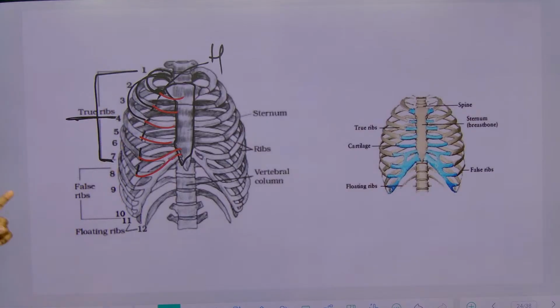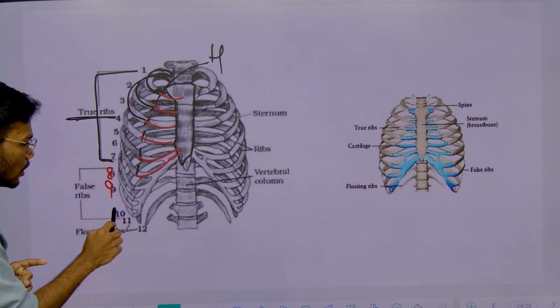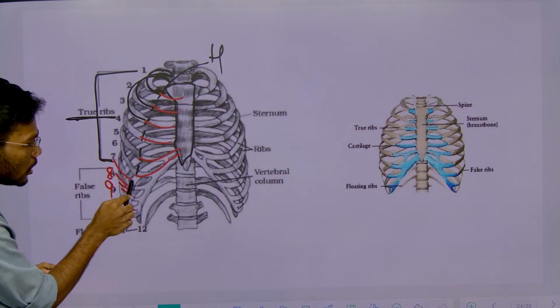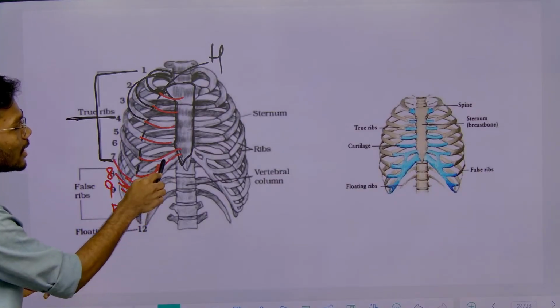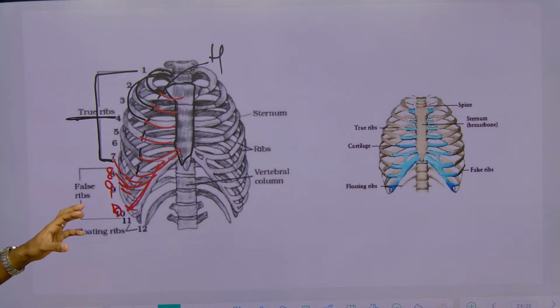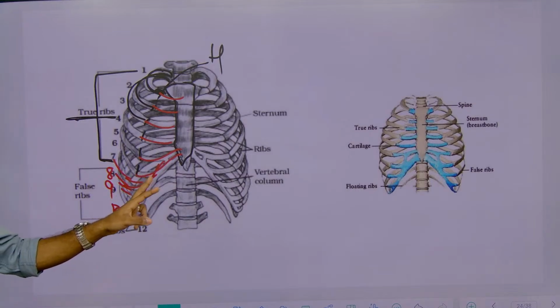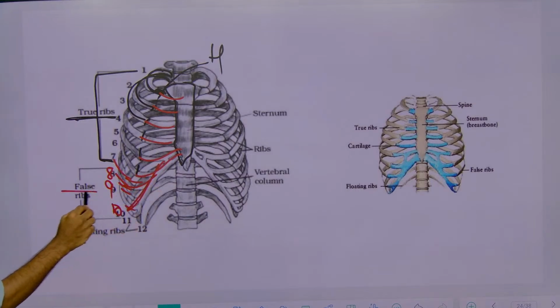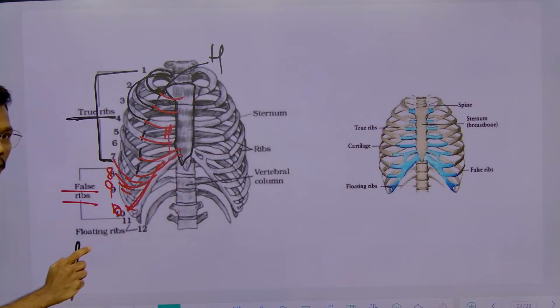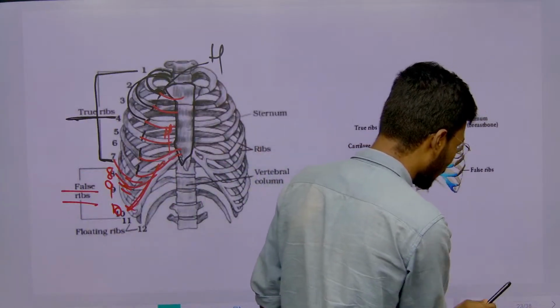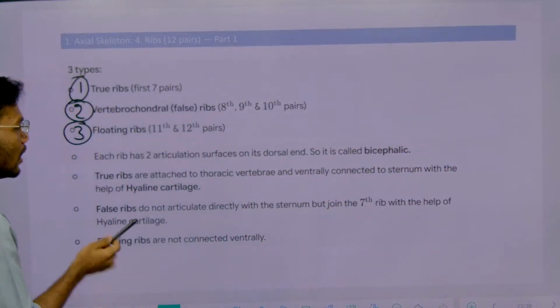Coming to 8, 9, 10, what happens? All these ribs are united to the seventh rib. They are not connected directly to the sternum; they are connected via the seventh rib. So that's why these are called false ribs. Also, these are not connected with hyaline cartilage; it is normal cartilage.